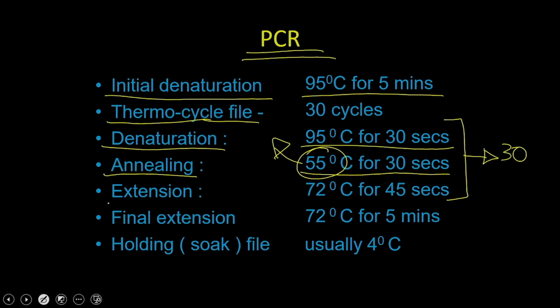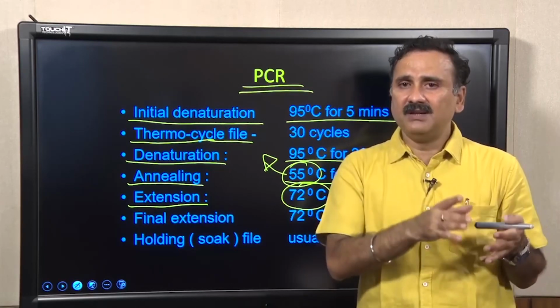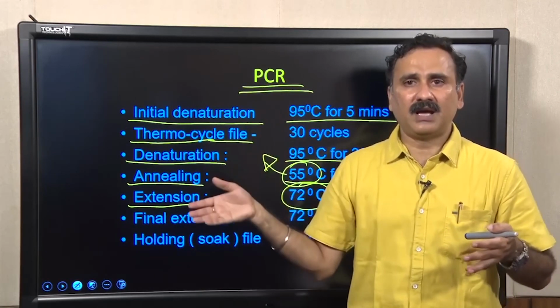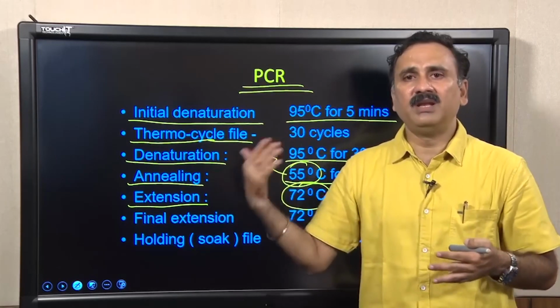And then you are going to have the extension. The extension will be at 72 degrees Celsius for another 45 seconds. The extension time is calculated based on the size of the target DNA, because 1000 base pairs are synthesized in 1 minute, which means you can simply divide your target DNA size by 1000 to get the number of minutes.